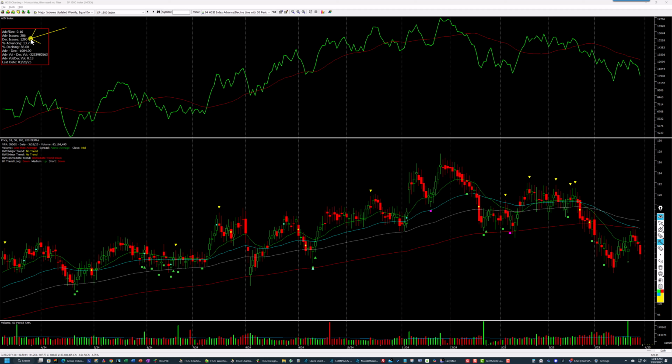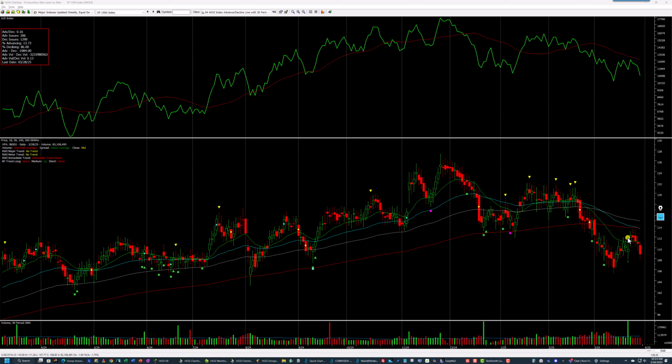The advance-decline volume was 0.13, so it was nearly 10 to 1 on the downside volume. And you can see the AD line was rallying during this period, but it's rolling over again.